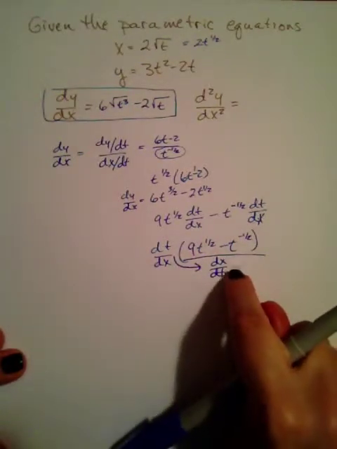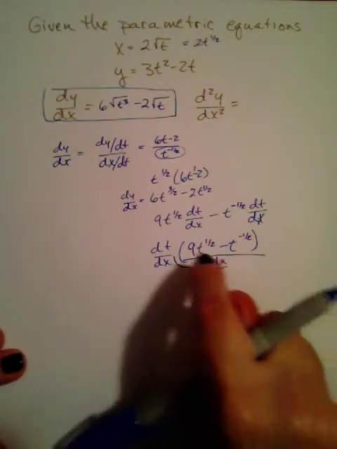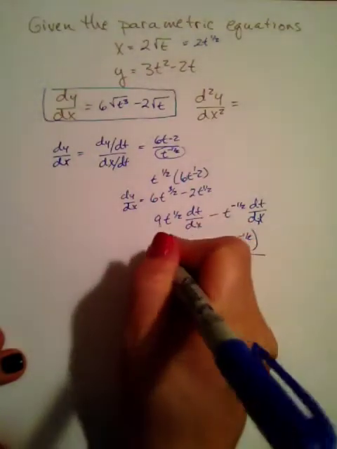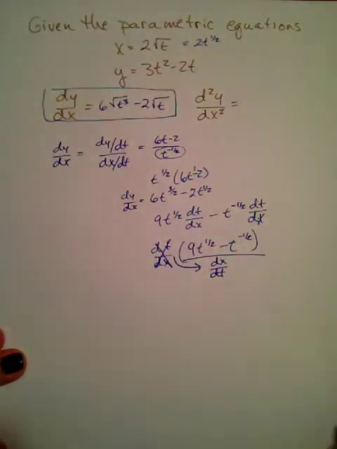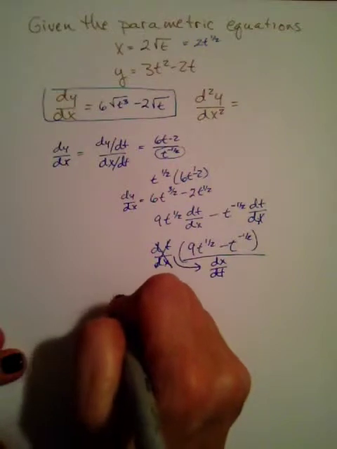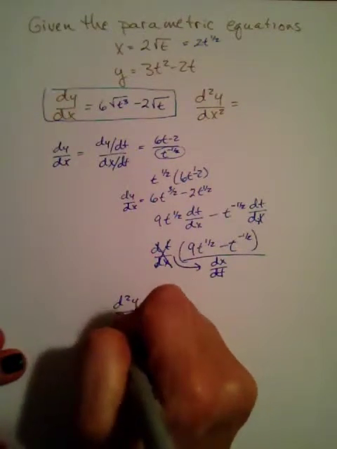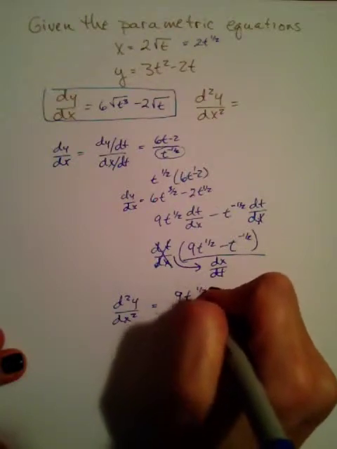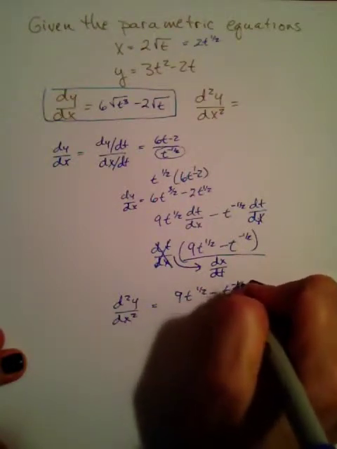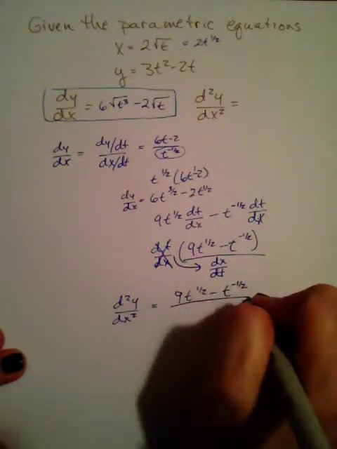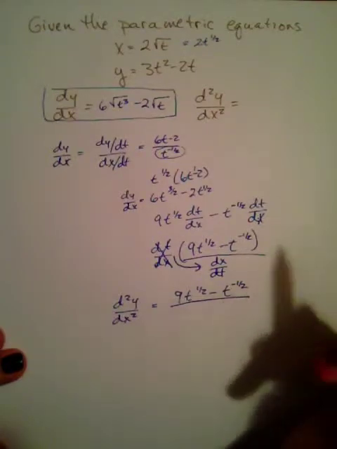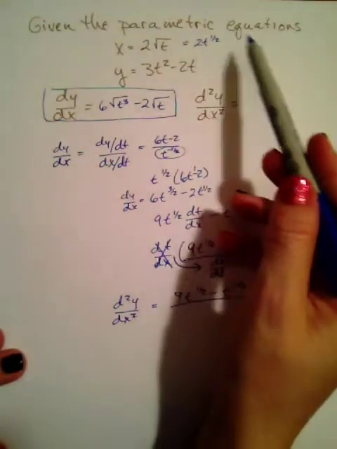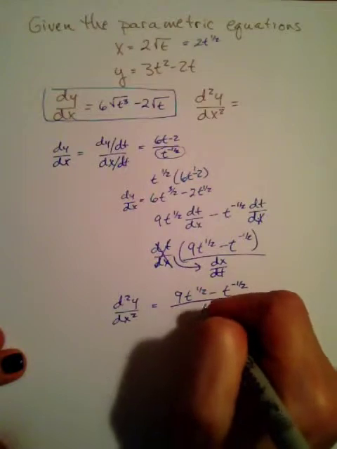And if you look at it this way, if I divide by a dx/dt, that's like multiplying by a dt/dx, so that is gone. So my second derivative of y with respect to x will be 9t to the 1/2 minus t to the negative 1/2 divided by my dx/dt, which was t to the negative 1/2.